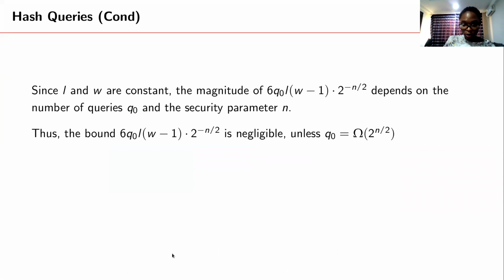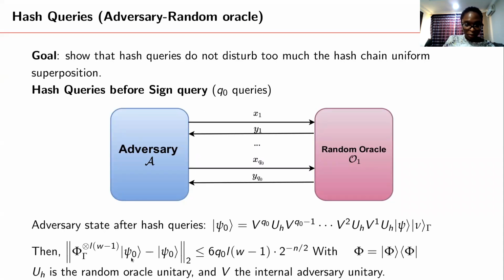When we compute this Euclidean distance, we get this bound. And again, since W and L are constant, this number depends on the number of queries and the security parameter.